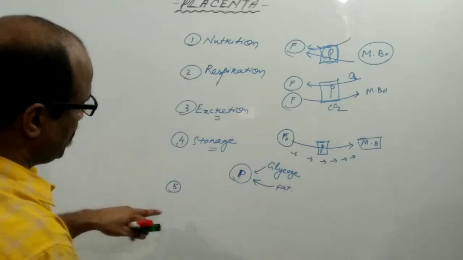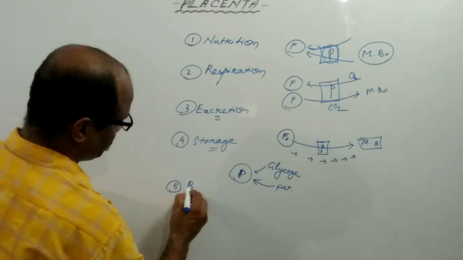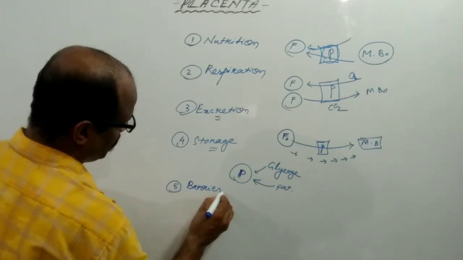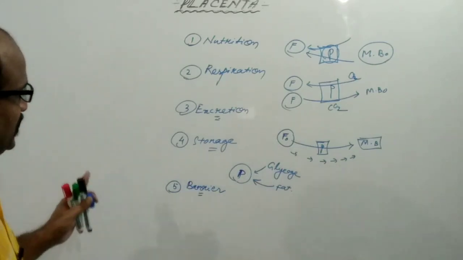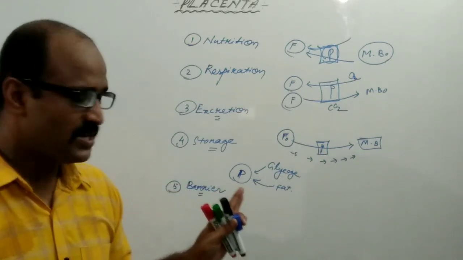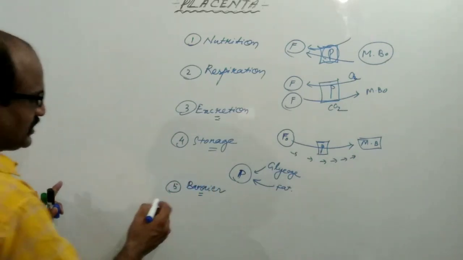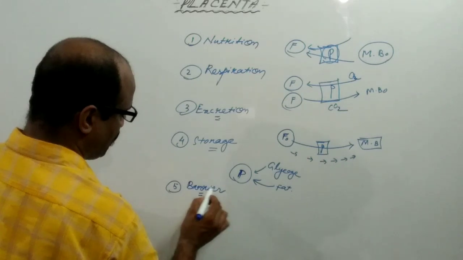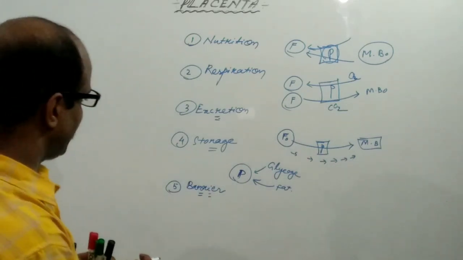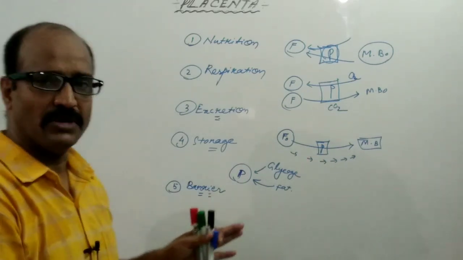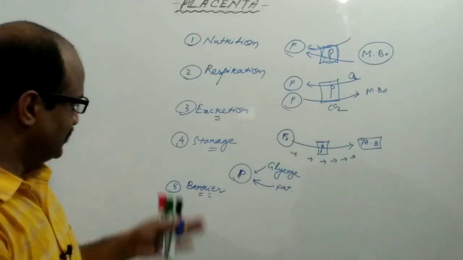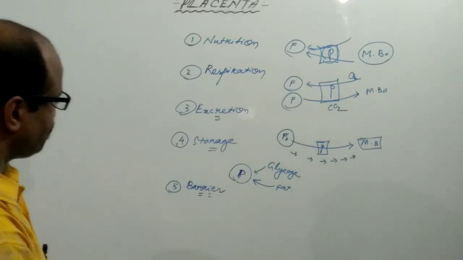The placenta also acts as a barrier in between the fetus and the mother. That's why the fetus is prevented from different types of infectious agents, which are not transmitted from mother to baby because of the presence of different barriers.